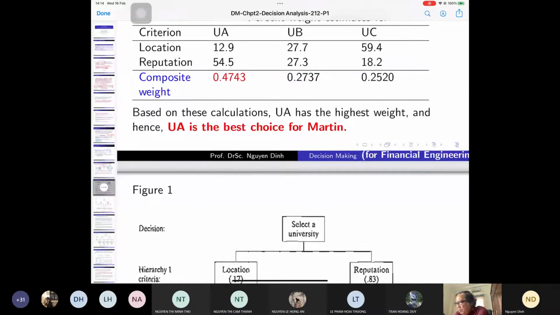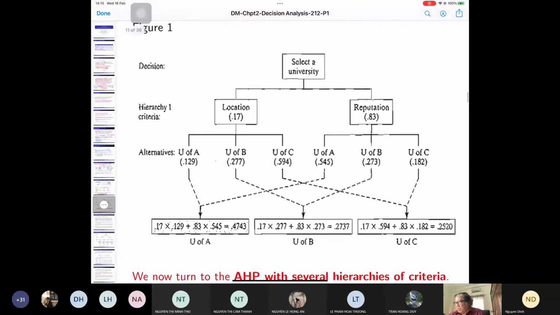So UA is the best choice for Martin. Okay, but it is very simple. If we can draw this as a scheme, or a figure, then we say like this.